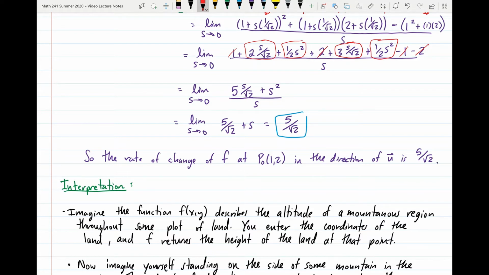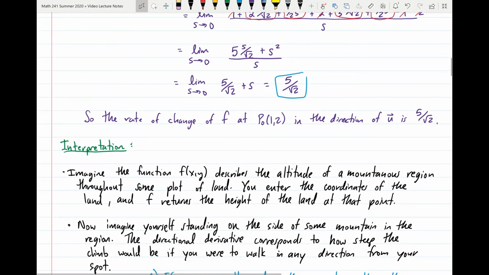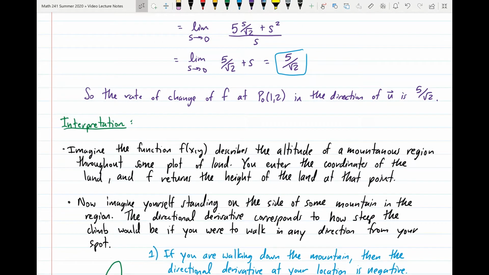And at this point we can plug in 0 for s, and we get that the limit is ultimately equal to 5 divided by the square root of 2. So what this tells us is that the rate of change of our function f at the point (1, 2) in the direction of u is equal to 5 over the square root of 2. So that'll be the directional derivative.